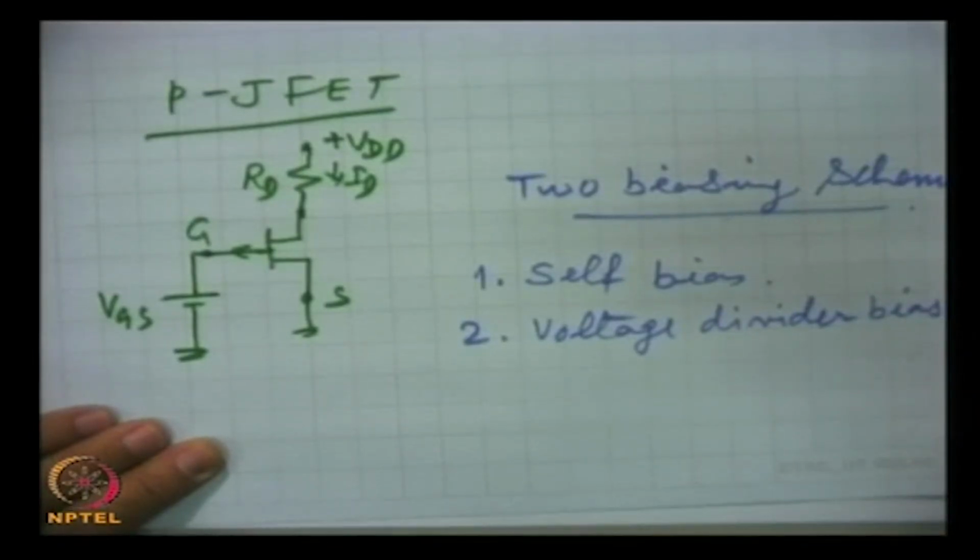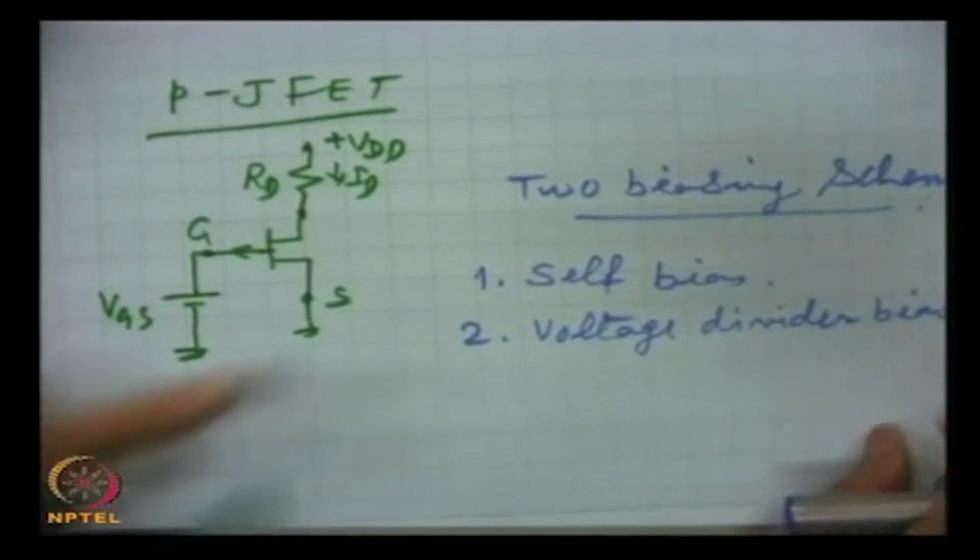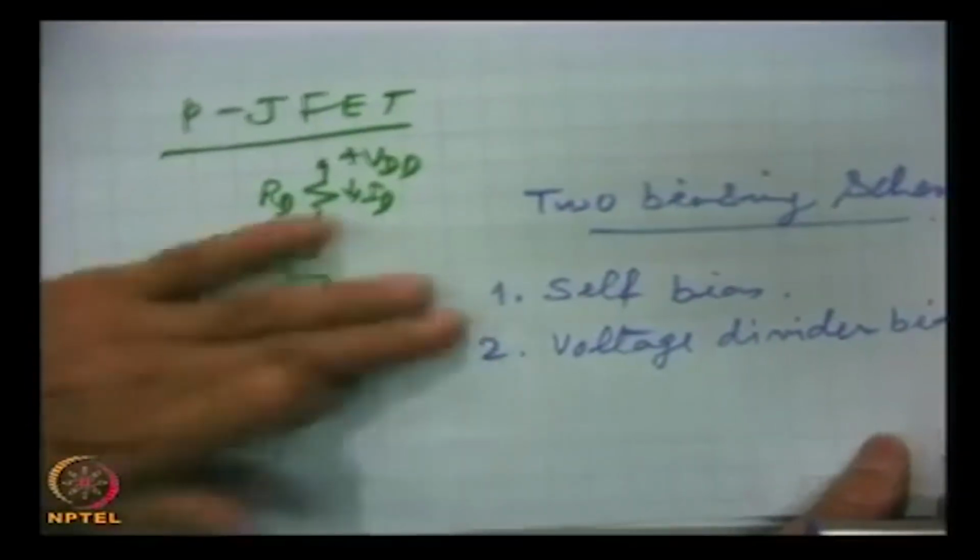Self bias and voltage divider bias, these are the two schemes which are most widely used. So, we take one by one these two practically used biasing networks. First we take self bias.